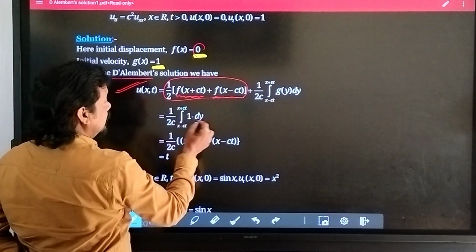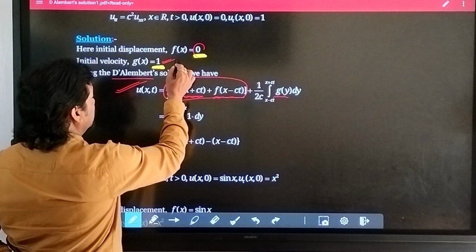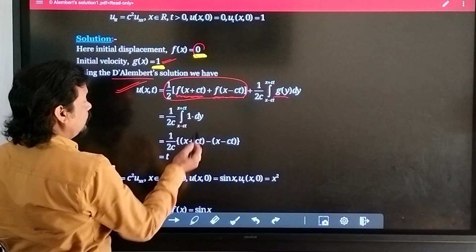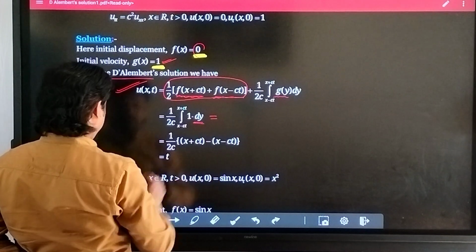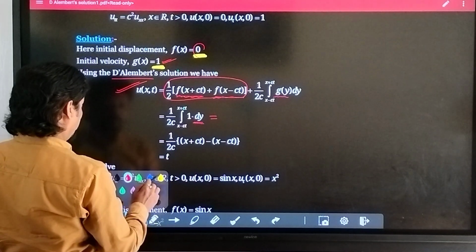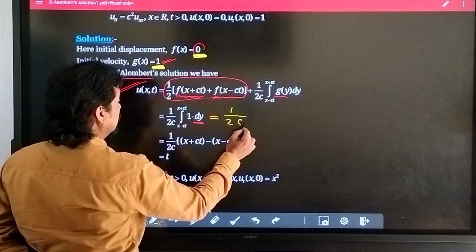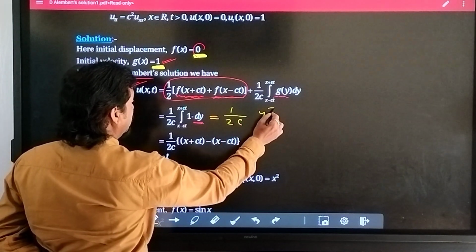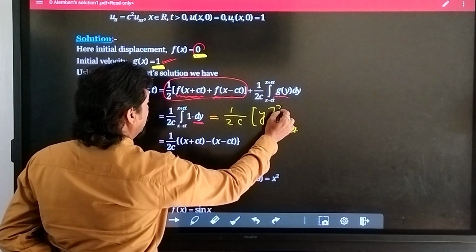So 1 by 2c integration from x minus ct to x plus ct, in place of g I can write 1 because it is given as 1. So 1 into dy, integration of dy is y. It is equal to 1 by 2c integration of y from x minus ct to x plus ct.